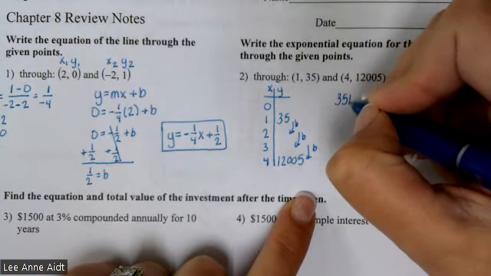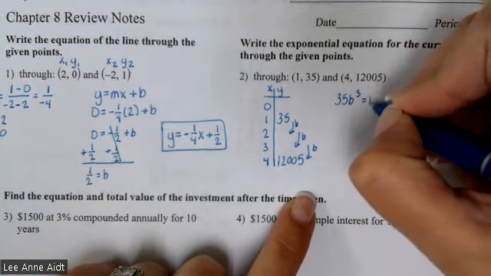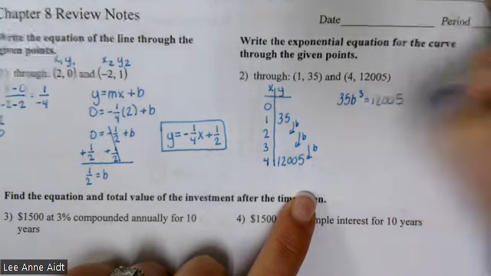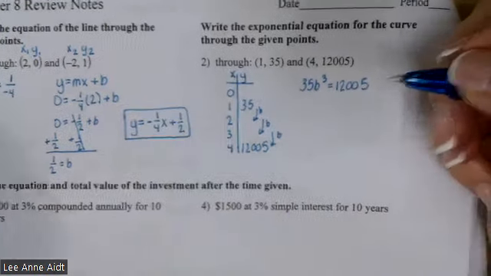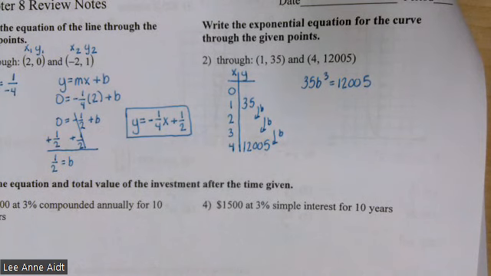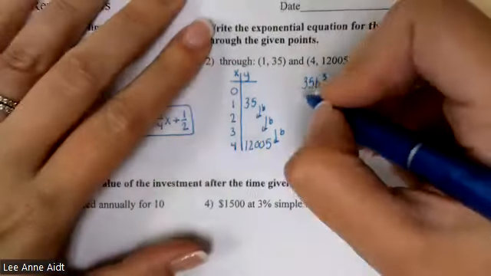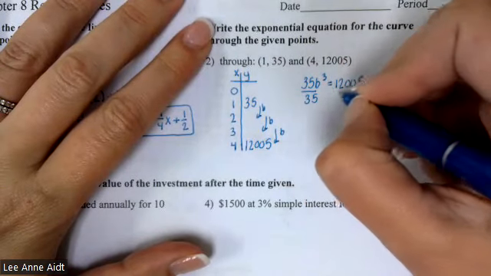So 35B cubed equals 12,005. We did a bunch of these the other day. Divide by 35.